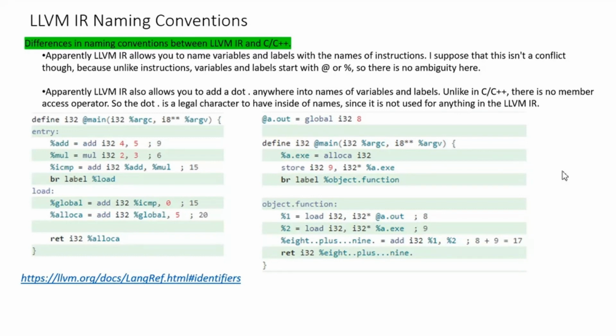Another interesting fact is that we have differences in naming conventions. Apparently, the LLVM intermediate representation allows you to name variables and labels with the names of instructions, such as the code example on the left.